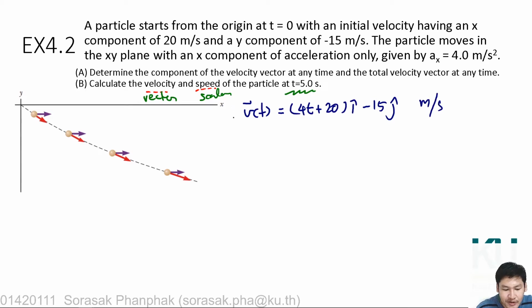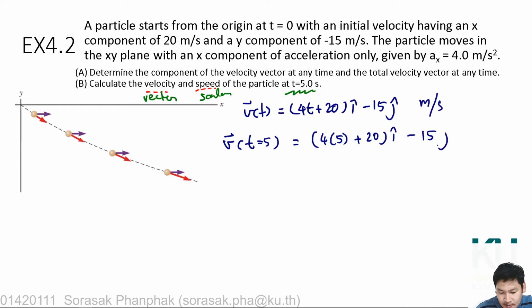To determine the velocity at this time point, you substitute t equal to 5 in, so you get 4 multiplied by 5 plus 20 i and minus 15j meter per second. So this is 40i minus 15j. This is your V at t equal to 5 seconds.